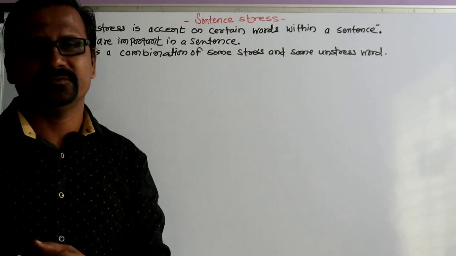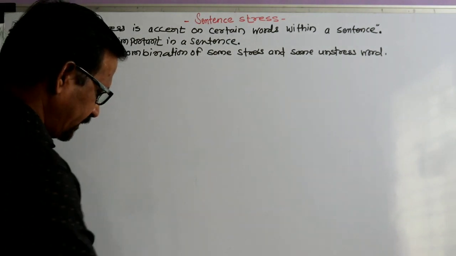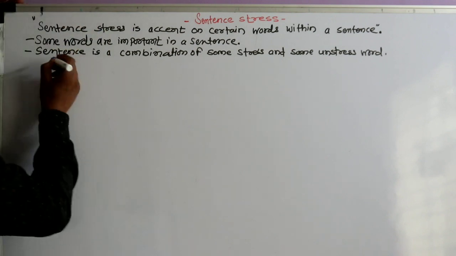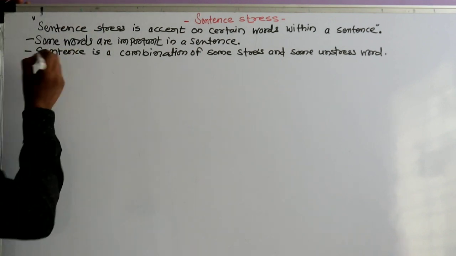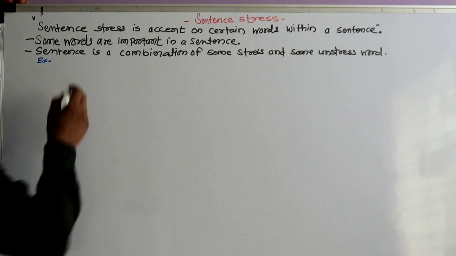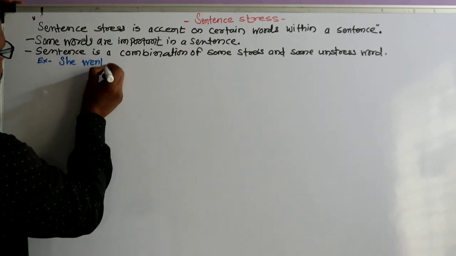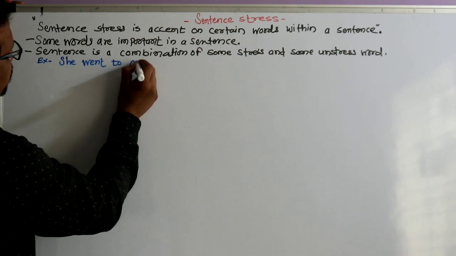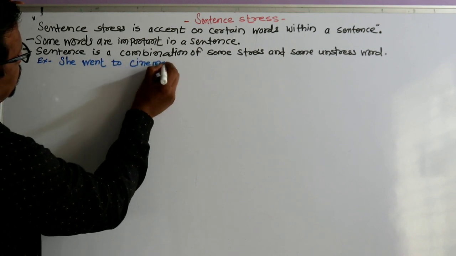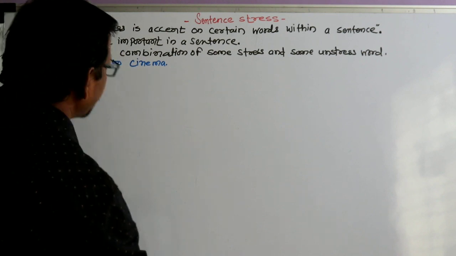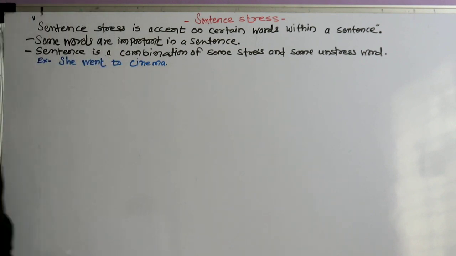Trace and untraced words. For example, we will take one example. For example, she went to cinema. This is a sentence.